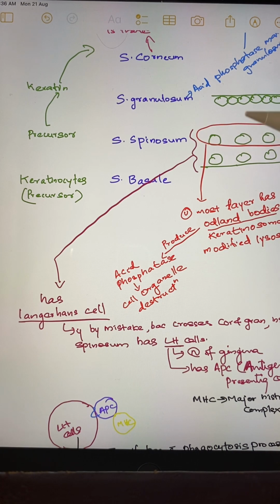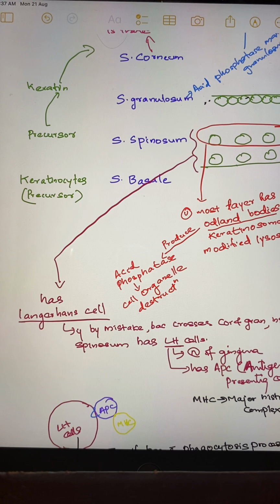Inside the cell we have the mitochondria, Golgi bodies, and all the other organelles. They destroy these. The upper layer has this acid phosphatase, but the concentration of acid phosphatase is maximum in the granulosum layer. When the cell reaches the granulosum layer, they push the materials to the corner.